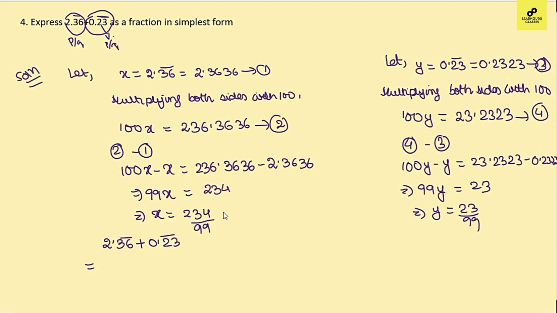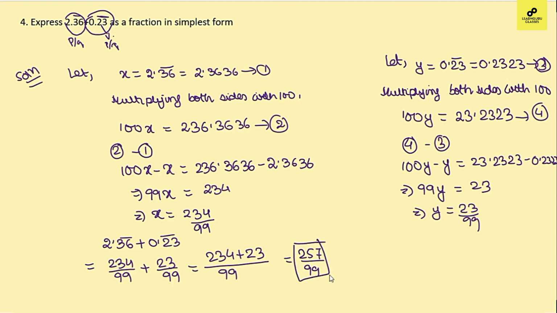The equivalent fraction is 234 by 99 plus 23 by 99. The LCM is 99. So 234 plus 23 gives exactly 257 by 99. So 257 by 99 is the P by Q form of this expression.